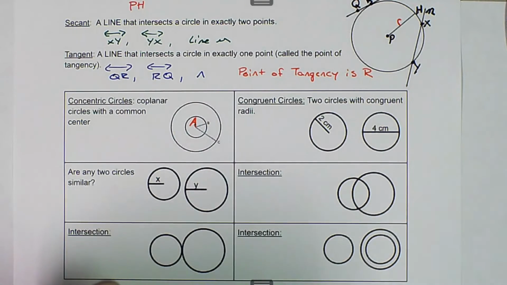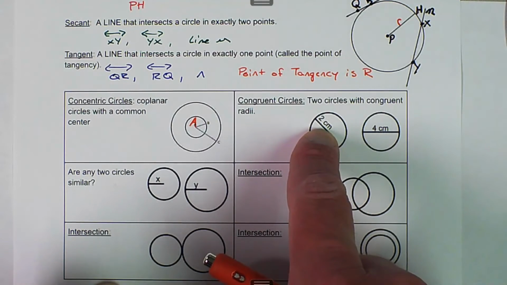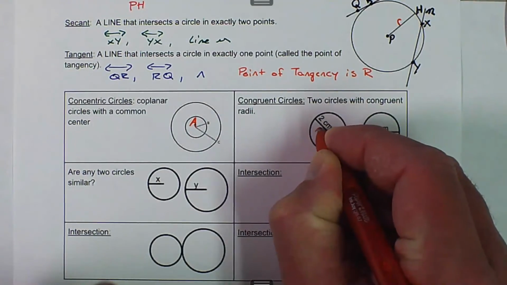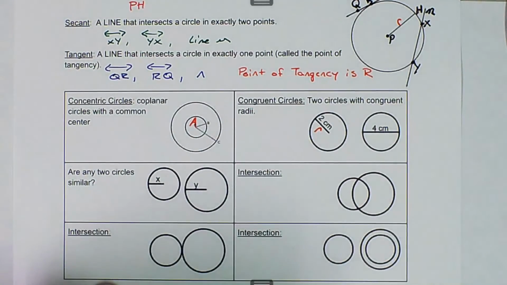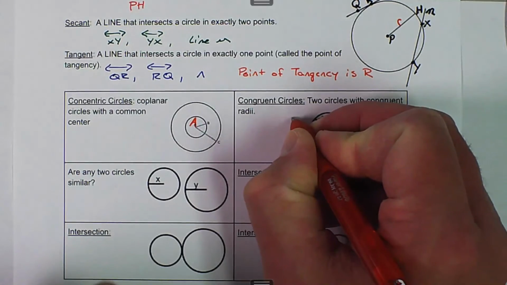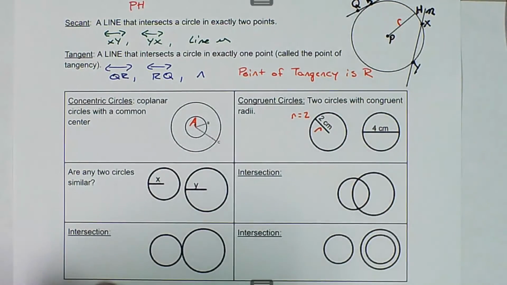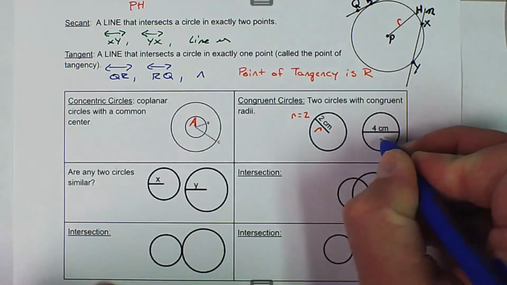Congruent circles are two circles with congruent radii. So in this case, we have a radius of 2, which is represented right there. So for this circle, we have a radius equal to 2. This one was given to us as the measurement of a diameter.